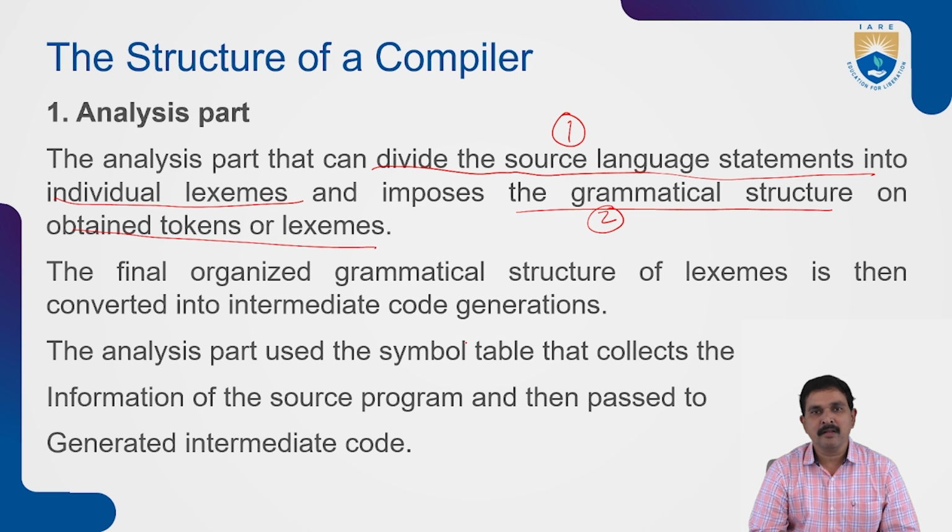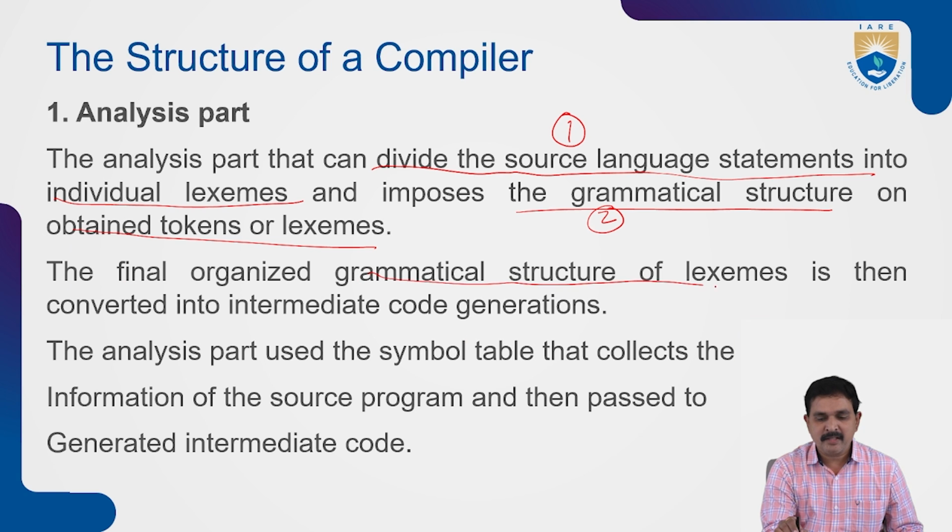So, to reduce the runtime, you may use the idea of intermediate code generation. This is the fourth phase of the compiler, which happens when the organized grammatical structure of lexemes is converted into intermediate code.